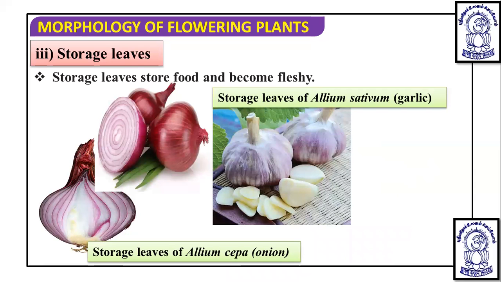So if somebody asks which part of the plant is edible in case of garlic and onion, then you should remember that these are the leaves. So all of this is nothing but leaves. Okay, these are the leaves, and these cloves of the garlic are also nothing but a leaf modification.